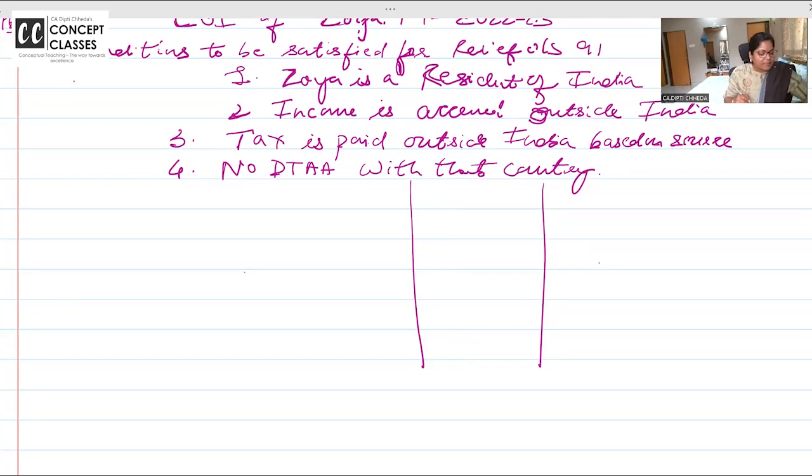He has earned 10 lakhs from matches outside India. Income from profession; he's a professional player.